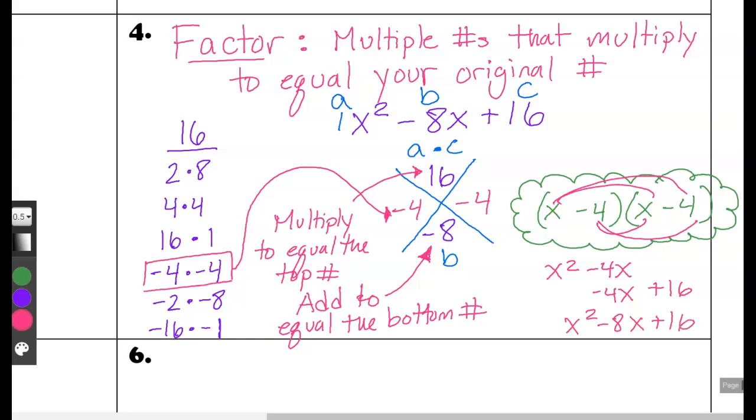Does that look familiar to you? Yes, it's the what? It's the original quadratic. So you can see these two binomials do end up multiplying together to equal the original quadratic. They are the factors of the quadratic.